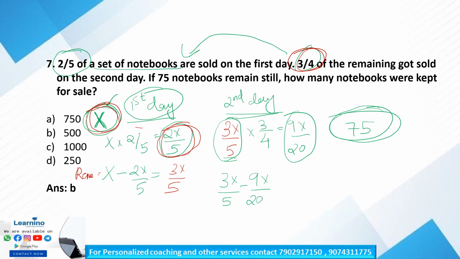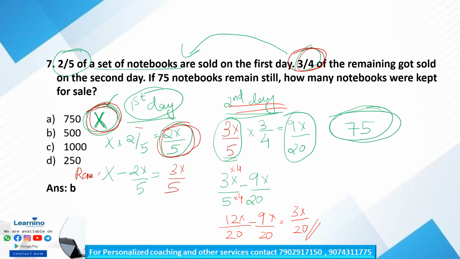By making the denominator equal, we multiply by 4, so we get 12x by 20 minus 9x by 20. That is 3x by 20, the number of notebooks we have at the end of the second day.